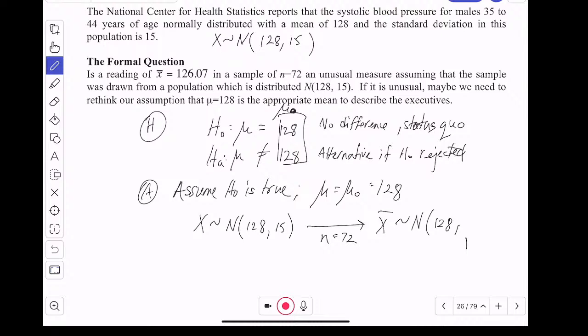Remember, we have to get the new standard deviation. It's 15 over square root of 72. Sorry. And when you put that in your calculator, you get 1.77.